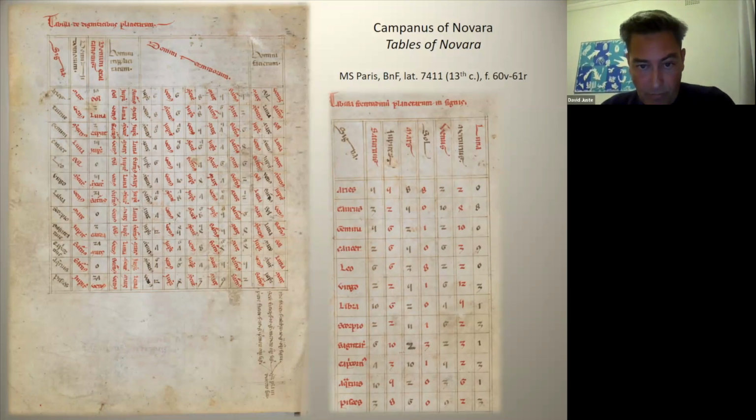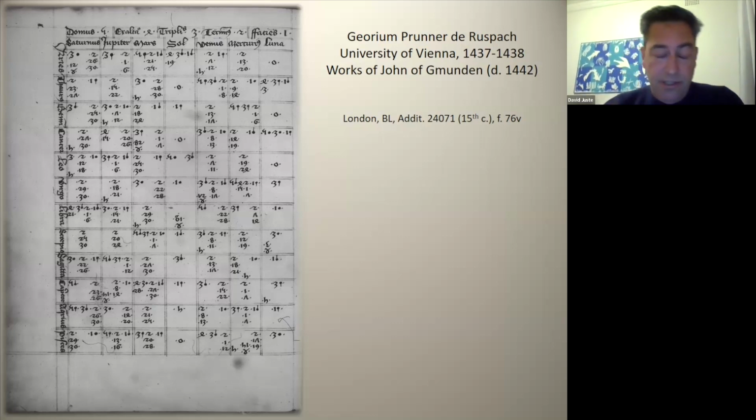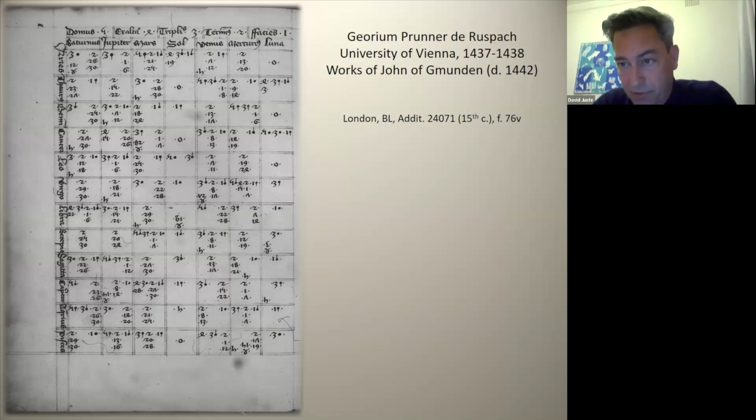Okay, now let's go back to more complicated tables. This becomes more interesting. This manuscript was copied at the University of Vienna around 1437. It is entirely copied by a certain Georgium Pruner de Rusbach.